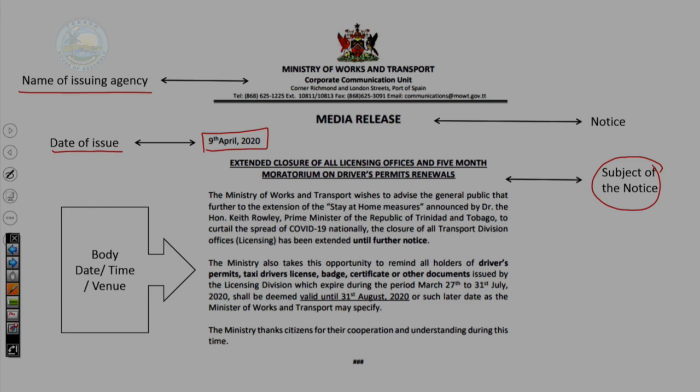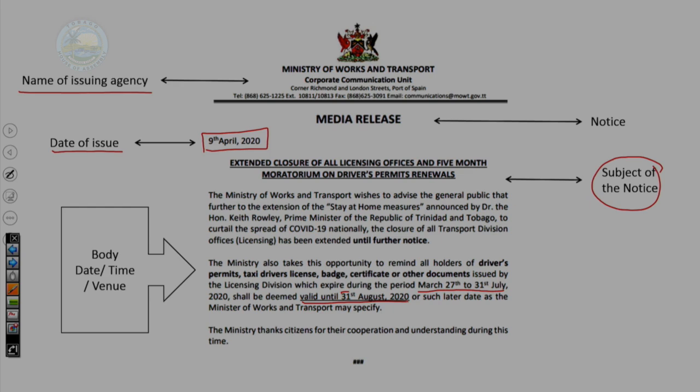So you have in the body a date that you need to be aware of. In this case, the date here is that these documents that may expire during the period March 27th to July 31st are valid until the 31st of August. And the notice will usually have a date that you have to pay attention to.